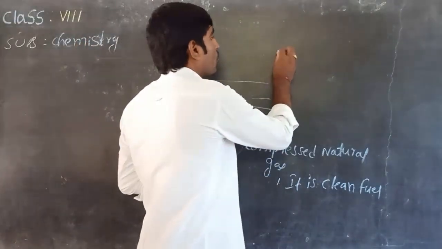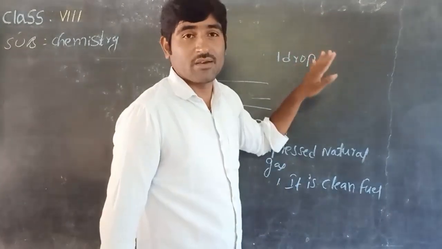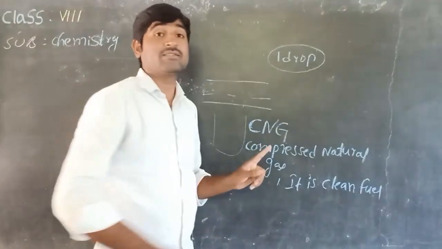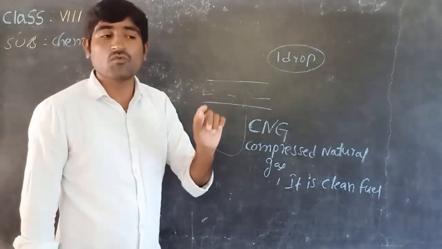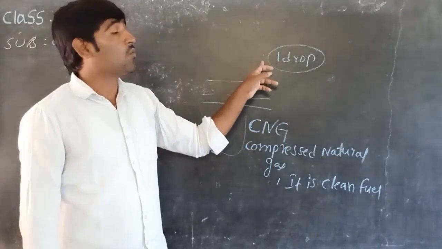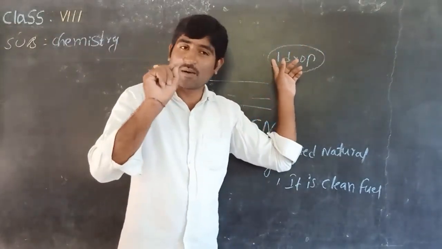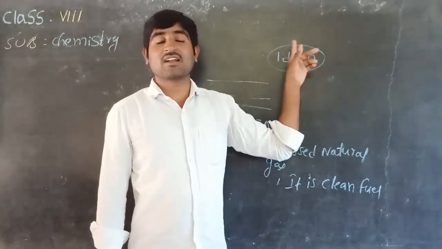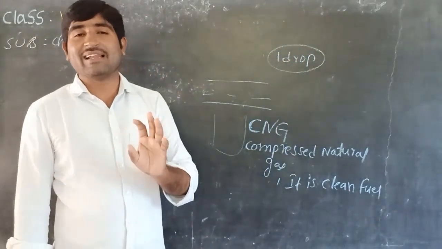If you use one drop of fossil fuel like petrol or diesel, it takes a million years to form that one drop again. It is not possible to form in one day, two days, one month or one year. See how difficult it is to generate fossil fuels. That's why don't use the vehicles unnecessarily.